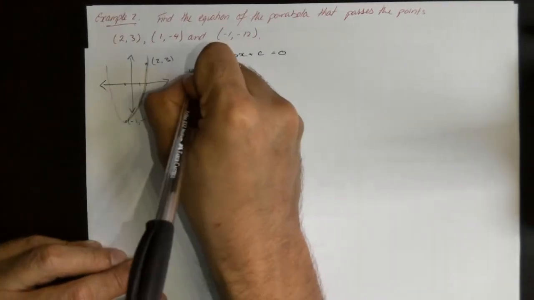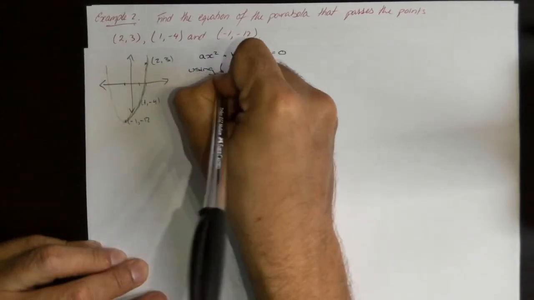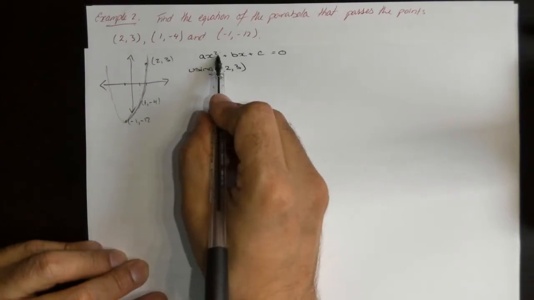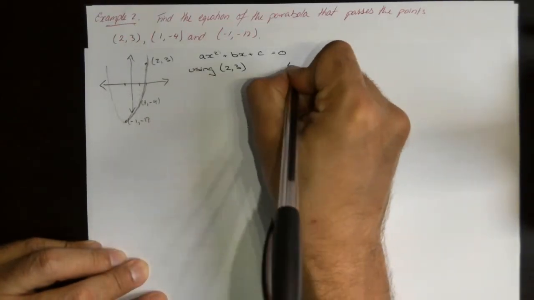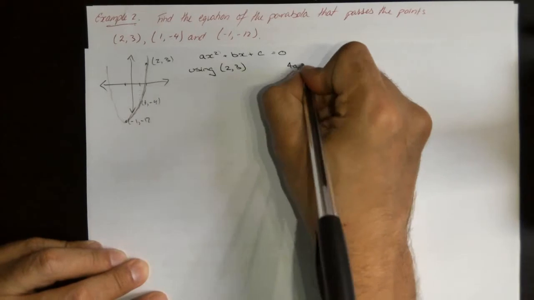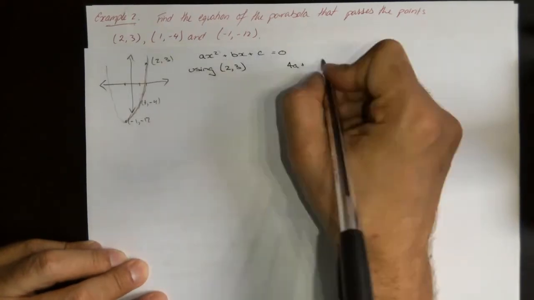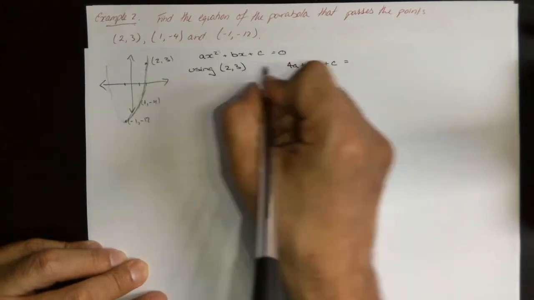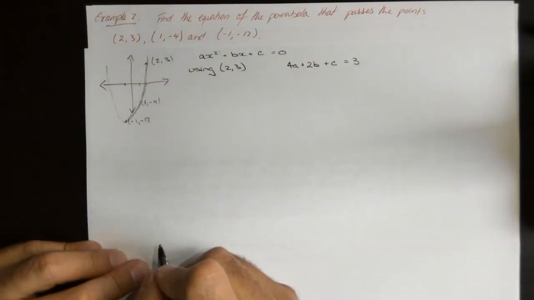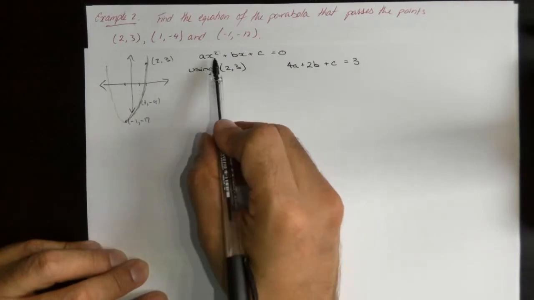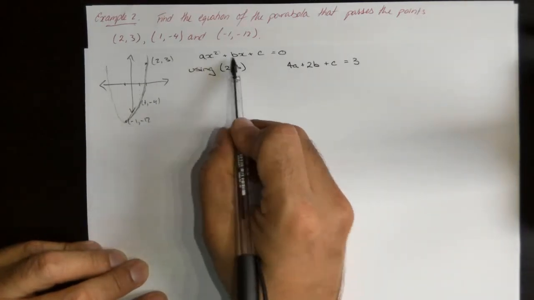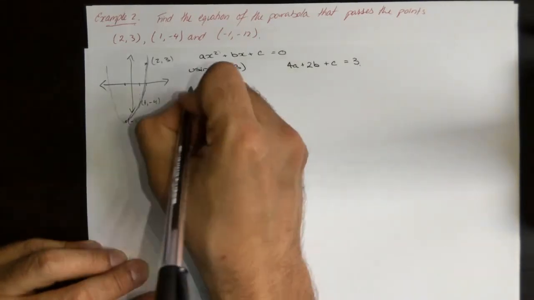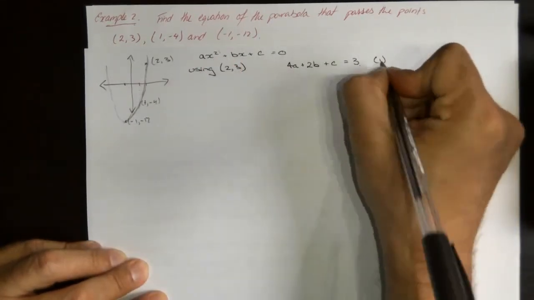So using (2, 3), 2 squared becomes 4a, plus x is 2, that's 2b, plus c, and that's going to equal 3. Okay, so what I did is I substituted my known x values, and this became 3, because that's my y value. Okay, let's call that equation 1.